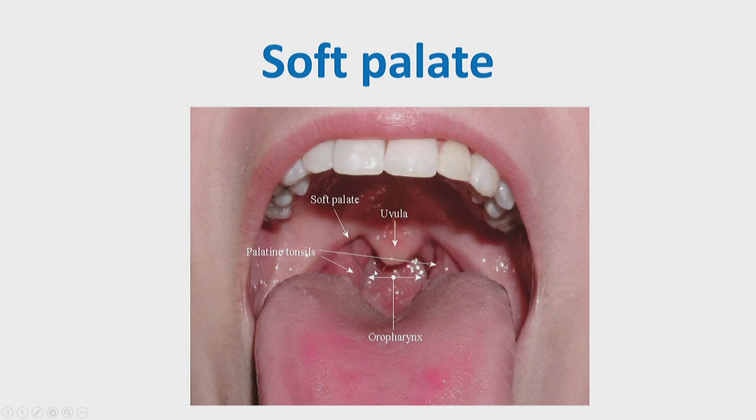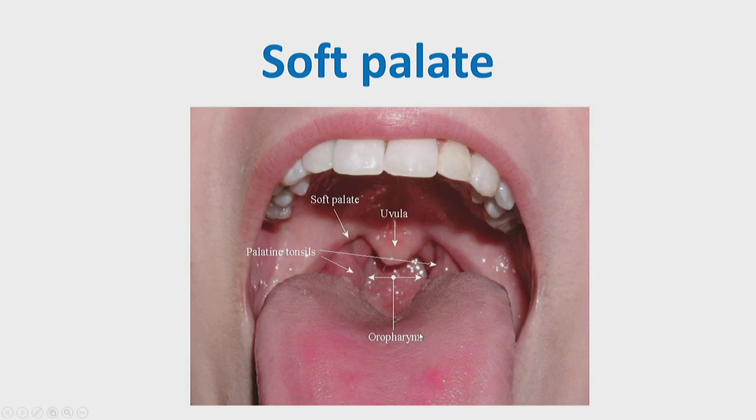Then the place that connects the oral cavity proper to the oral part of the pharynx, which is called the oropharynx, is called the isthmus of Fauces or pharyngeal isthmus.